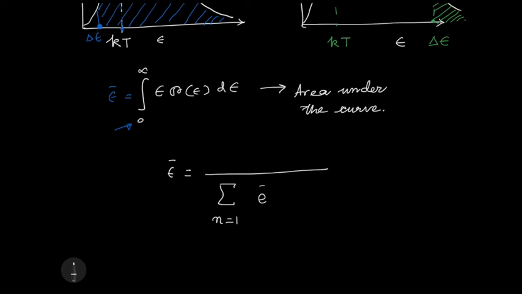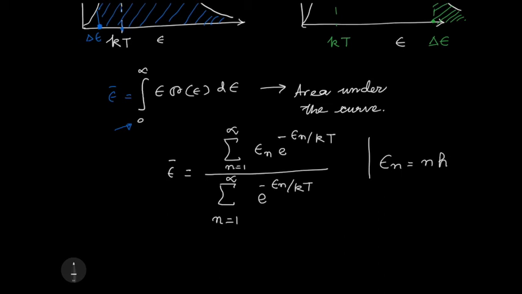So in the summation, I have to start with n equals 1, and the energy for n equals 1, let's say epsilon n, and here again n equals 1, the upper limit can be infinity, you can have as large n as you want, and this is epsilon n times e to the minus epsilon n by kT. And epsilon n, just from Planck's quantum hypothesis, has to be n h nu.